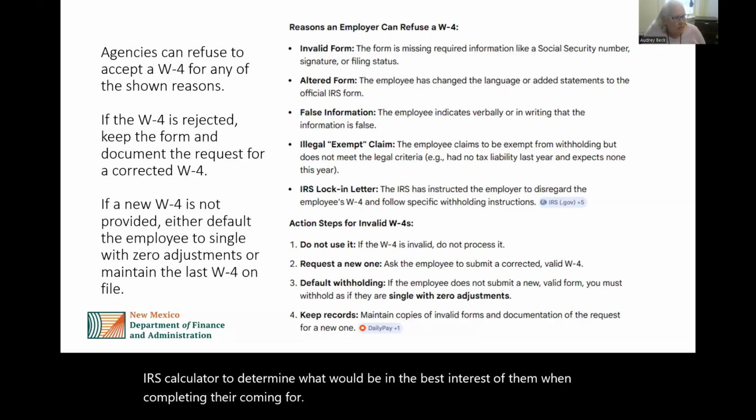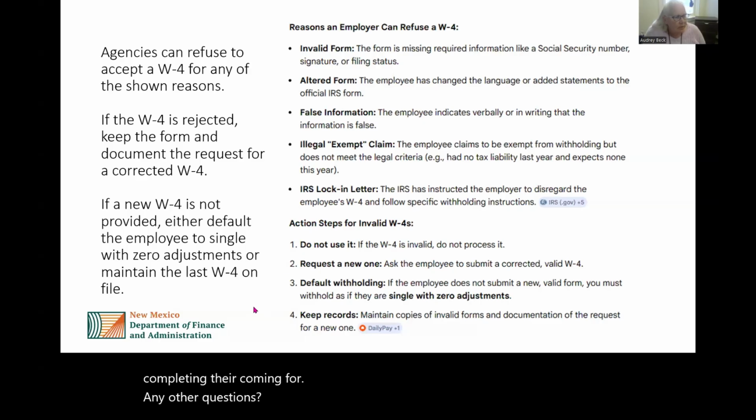Any other questions? Can an employee enter a dependent amount into box 3 even though they do not have children?